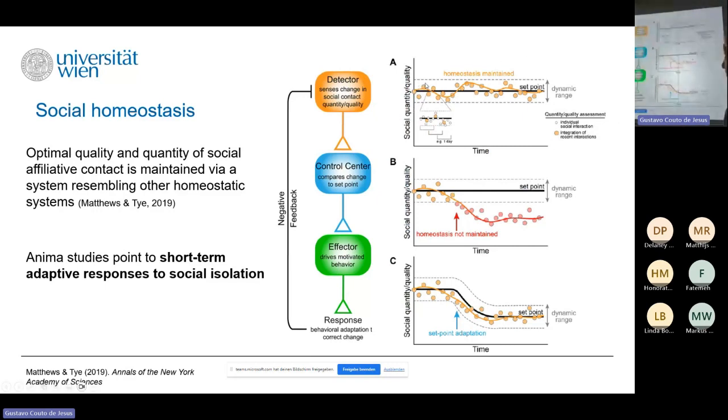As I said, there is an optimal range in which the interactions change or play around this set point. There is a dynamic range. When there is a strong deviation from this set point, it is detected, and then the system tries to bring the organism back to balance.